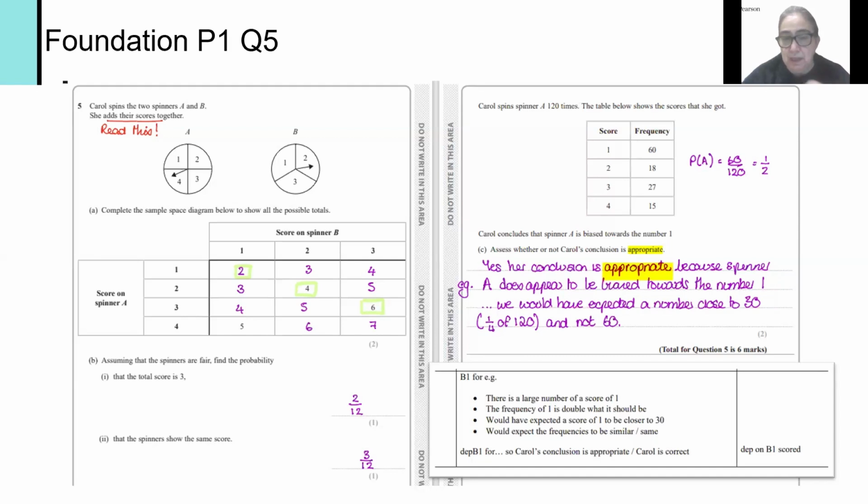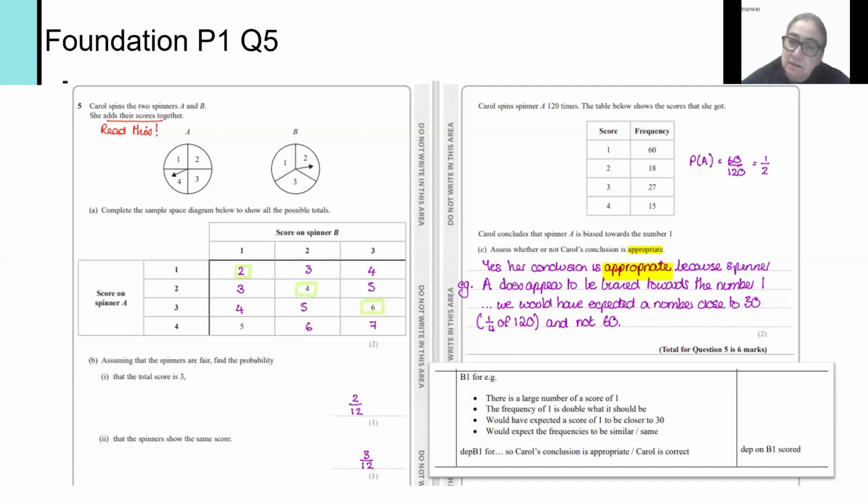So it is important that they're giving the reasons. Lots of students on this, I think, had a misunderstanding of relative frequency and probability.